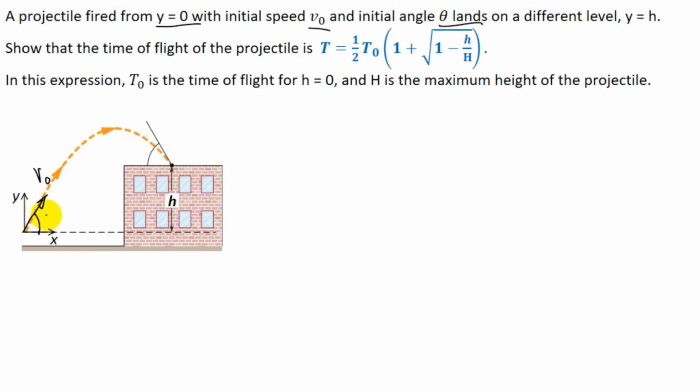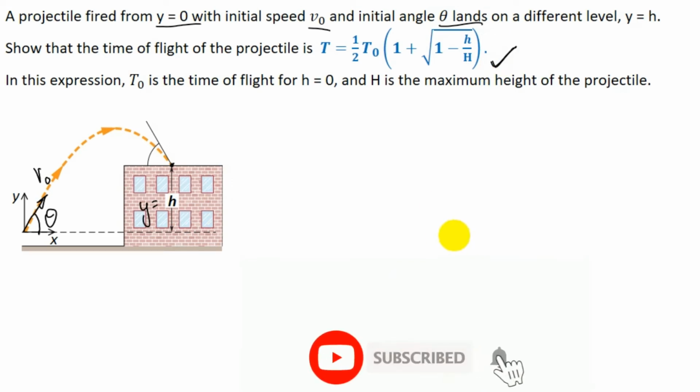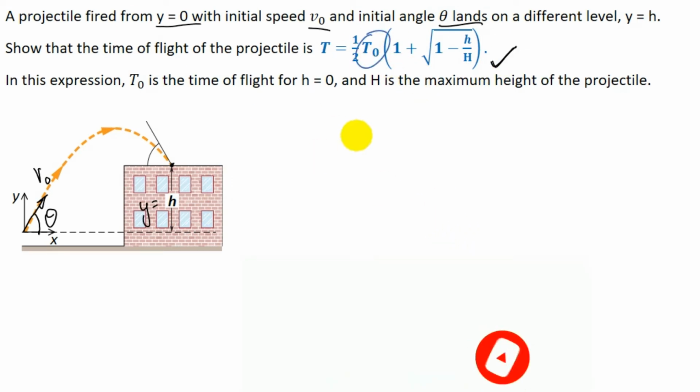So this angle is theta, and this projectile lands on a different level, which is y equals h. It lands here. Now we need to show that the time of flight for this projectile is given by this expression, and in this expression, t0 is the time of flight for h equals 0. When h becomes 0, the time of flight is t0.